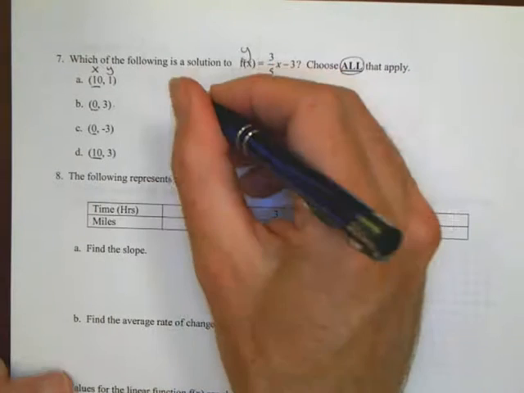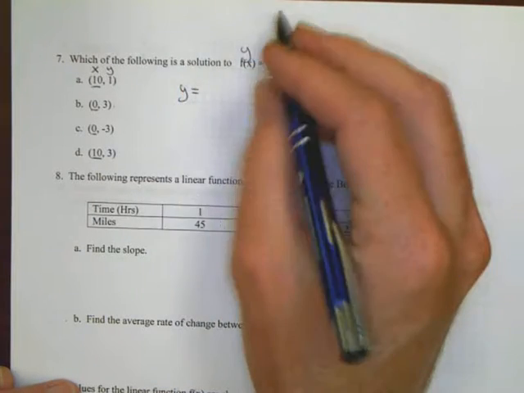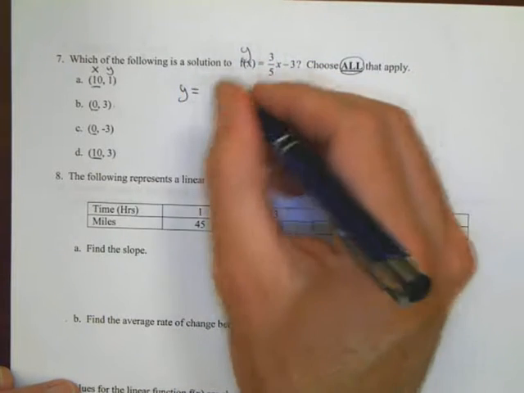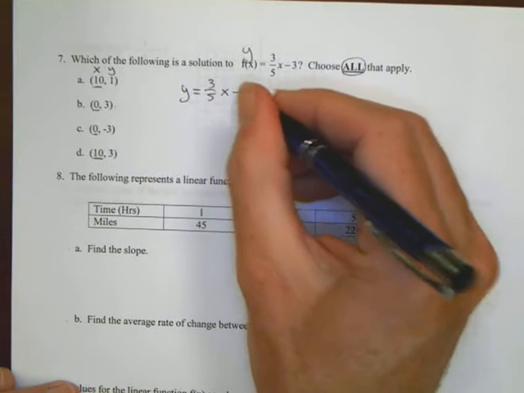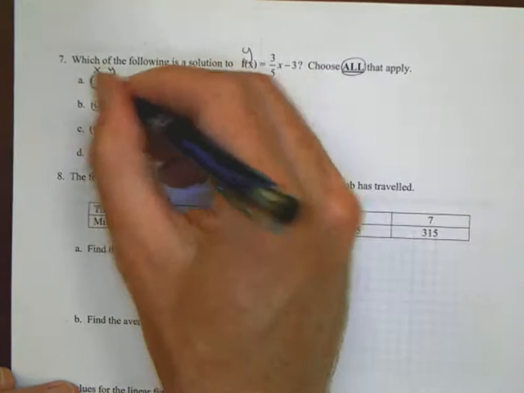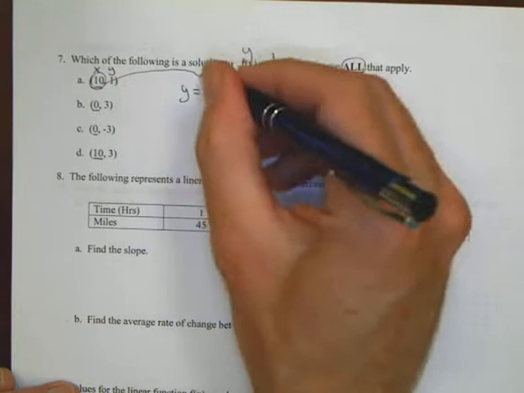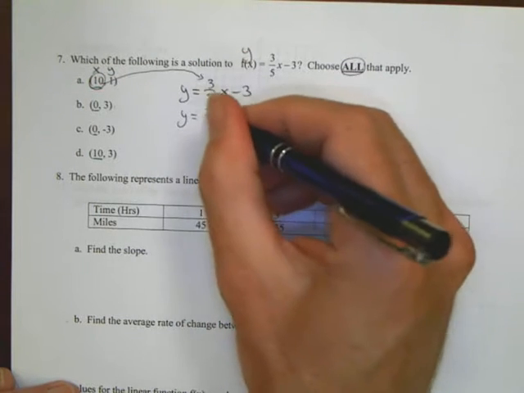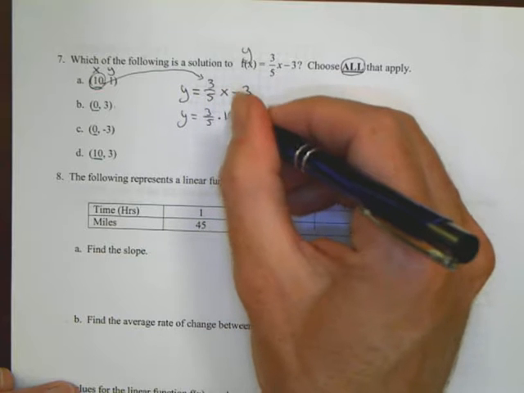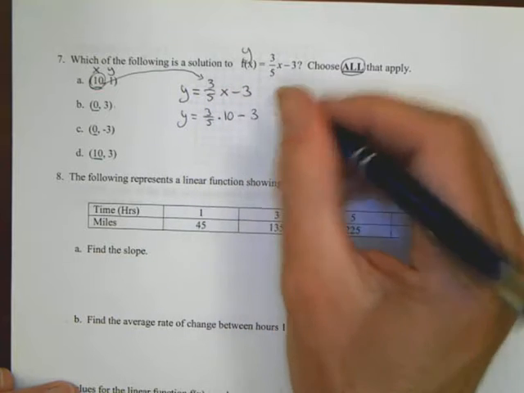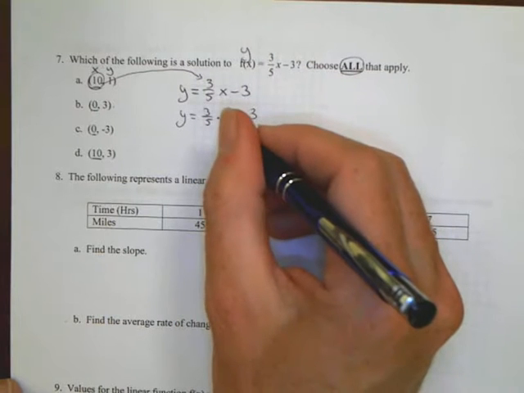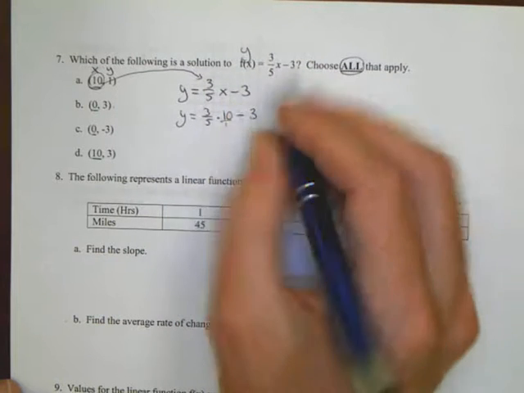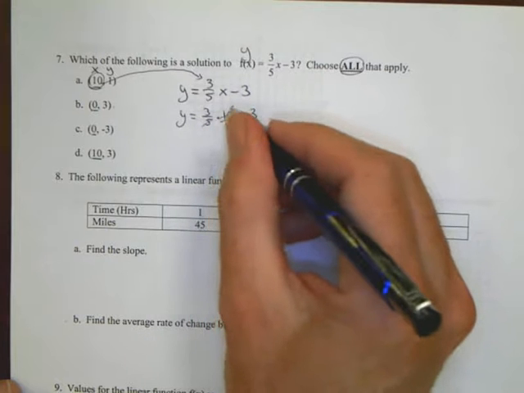Here we go. I'm going to do y equals, I'm just changing f of x to y. That's all I did there. And I say y equals 3/5 of x minus 3. Let's go ahead and plug our 10 into it first of all. So y equals 3/5 times 10 minus 3. I could either reduce before I multiply, up to you: 10 over 1 reduces down to 2 and 1.